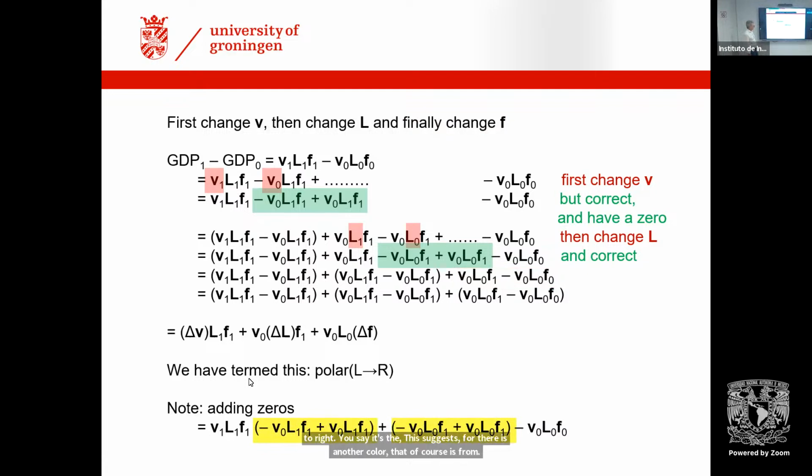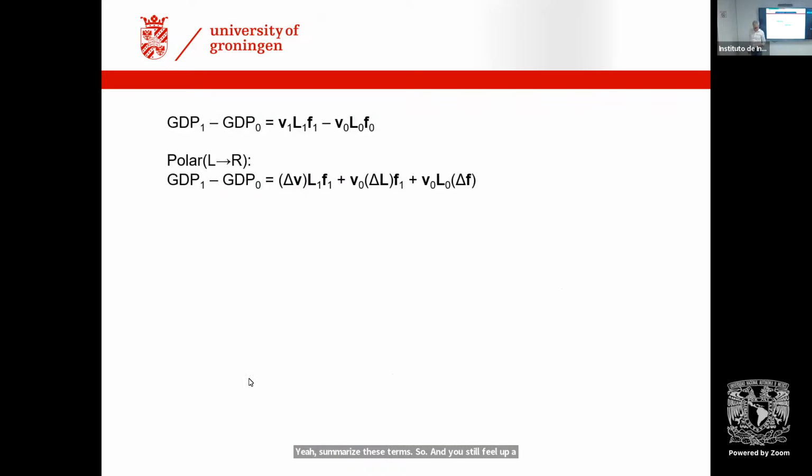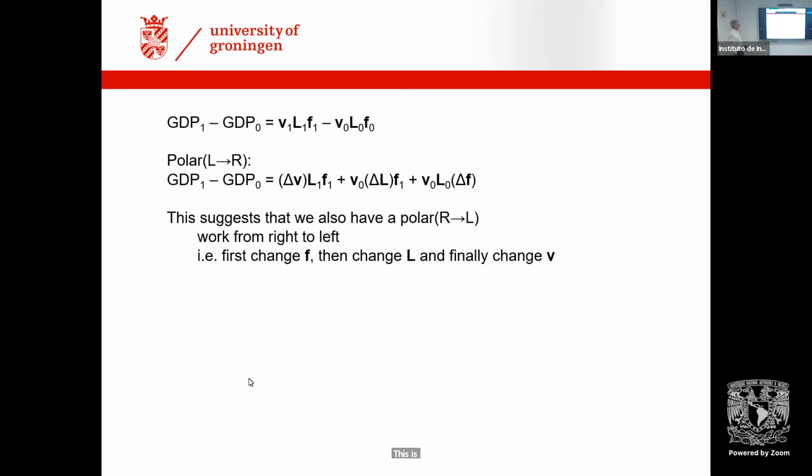Summarized, these terms are zeros, so the end is still VLF at period 1 minus VLF at period 0. This is the polar from left to right, what we've done just a minute ago. There is also a polar from right to left. So first change F, then change L, finally change V.